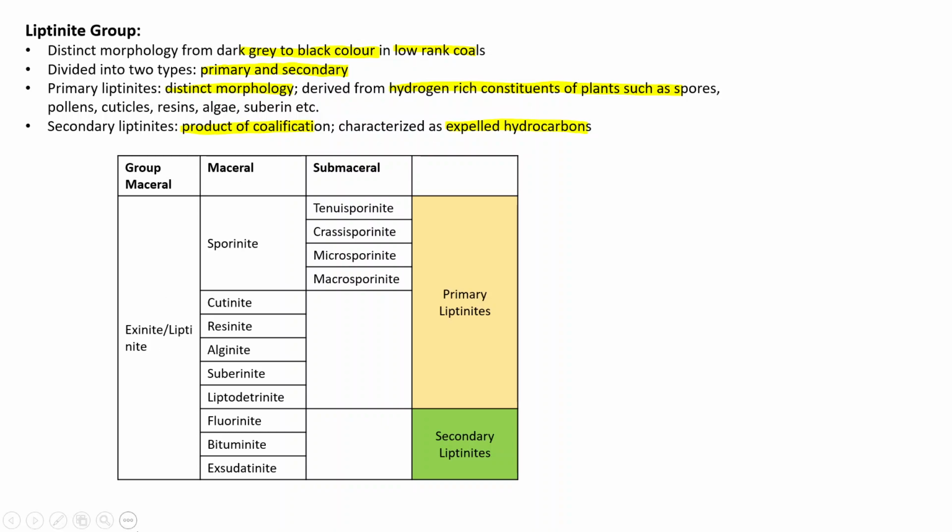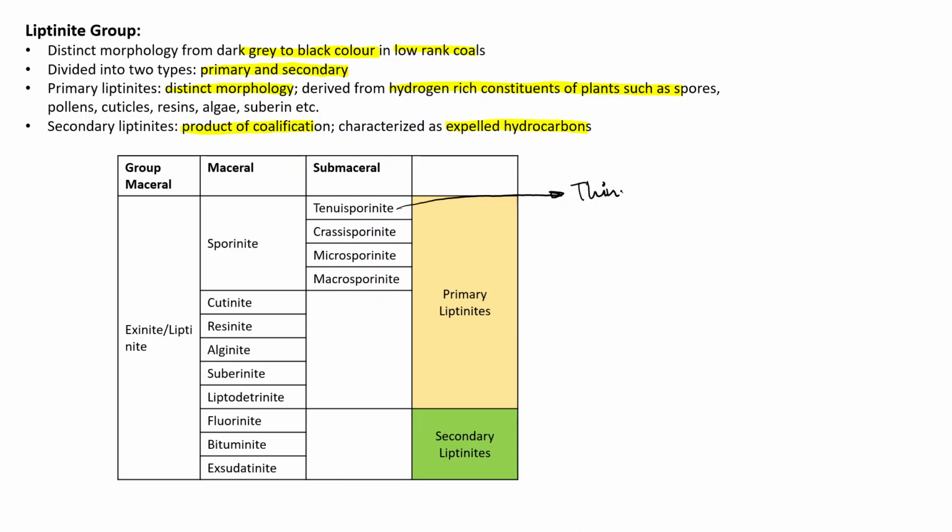So, if you look over here, the sporinite, which is the main liptinite group maceral, is classified into tenuisporinite, crassisporinite, microsporinite and macrosporinite. The word tenuisporinite means a sporinite or a spore consisting of a thin-walled structure.